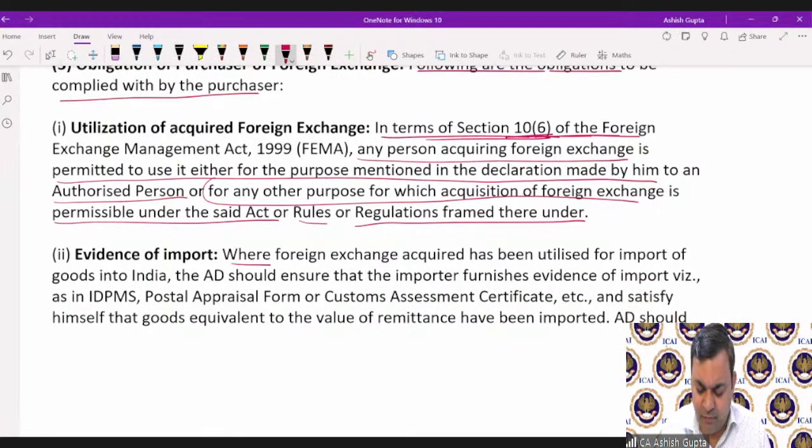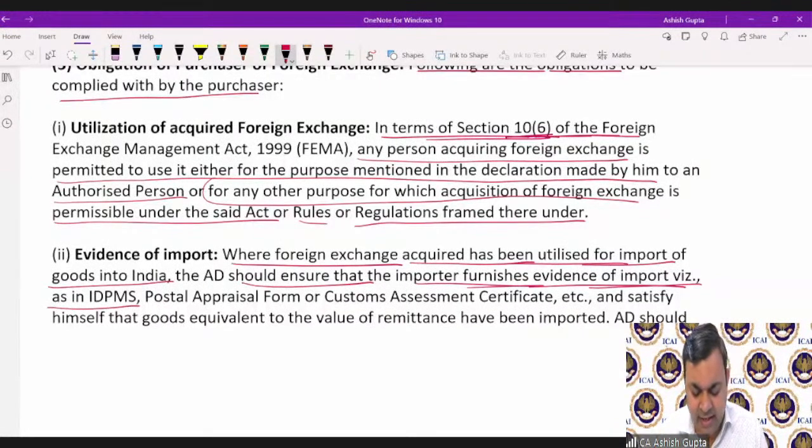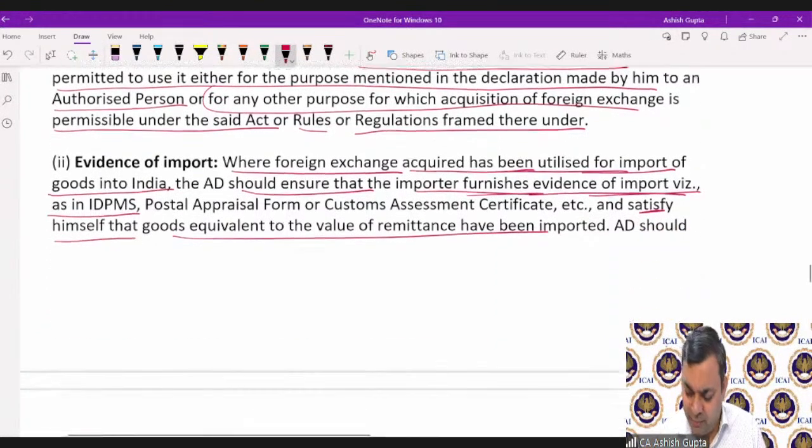Evidence of import: where foreign exchange acquired has been utilized for import of goods into India, the authorized dealer should ensure that the importer furnishes evidence of import as in IDPMS portal, appraisal form, custom assessment certificate, and satisfy that goods equivalent to that have been imported.